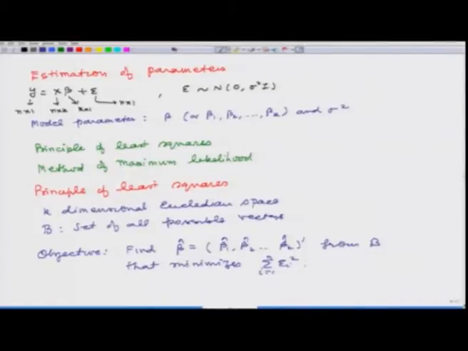Okay. So, now let us try to do it. We will define here a function S beta, which is summation i goes from 1 to n epsilon i square, and this I can write as epsilon transpose epsilon, where epsilon is an n cross 1 vector, right. Okay. So, the same thing can be written as y minus X beta transpose times y minus X beta. Okay.